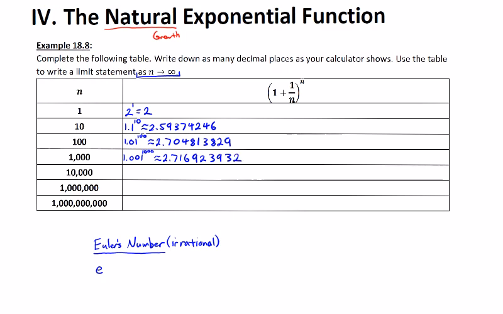And I already have some other calculations done here for the 10,000, 1 million, and then also 1 billion. 10,000 is going to end up being approximately 2.718145927. 1 million will be approximately 2.718280469, and then for 1 billion, getting on up there, 2.718281827.